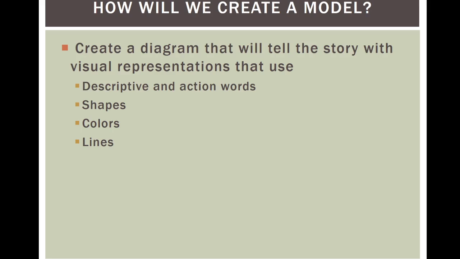So it's not haphazard. And so as you're doing the diagrams, you're doing the homework, please make sure that you use the appropriate verbiage, the appropriate line types, the appropriate shapes, colors, and etc., because it does matter.